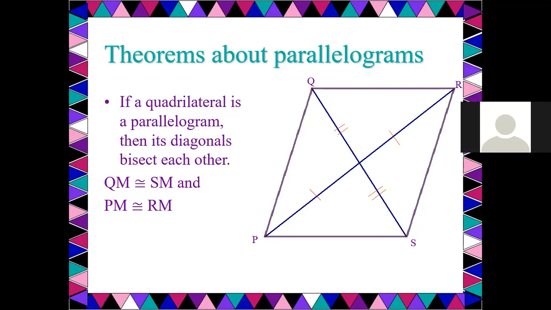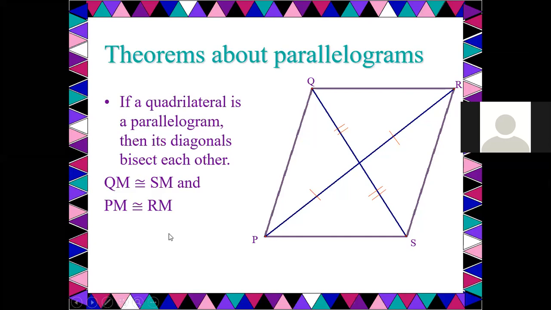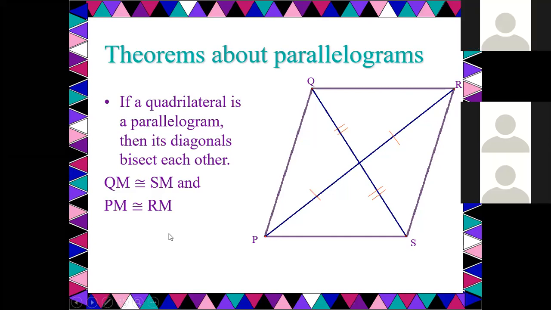Another, for Gian, kung si PM ay 7, ano si RM? Gian Abalos? Alright.